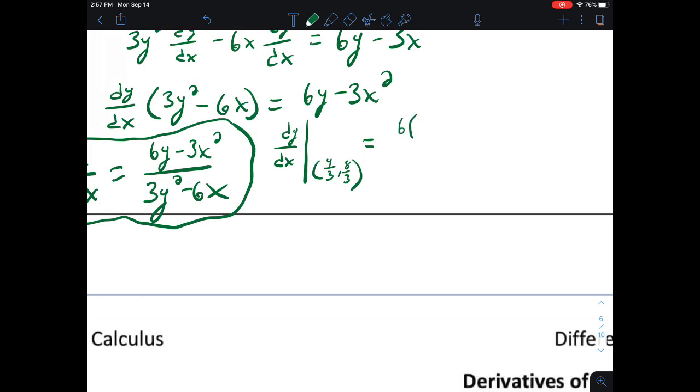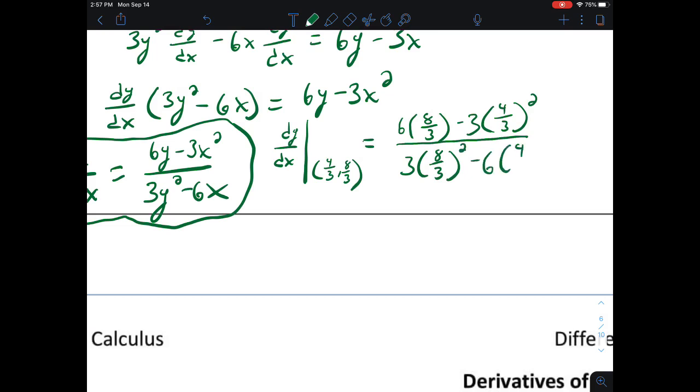So we'd have 6 times 8/3 minus 3 times 4/3 squared over 3 times 8/3 squared minus 6 times 4/3. And then we would simplify.